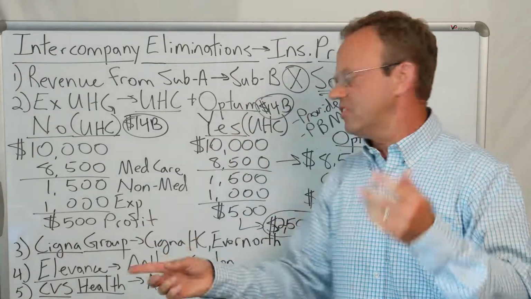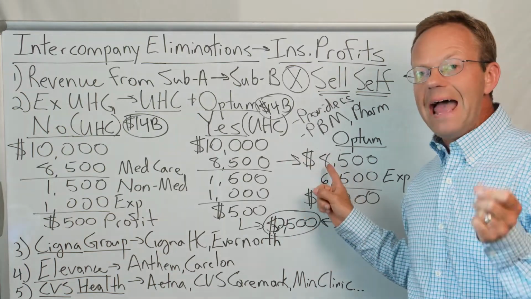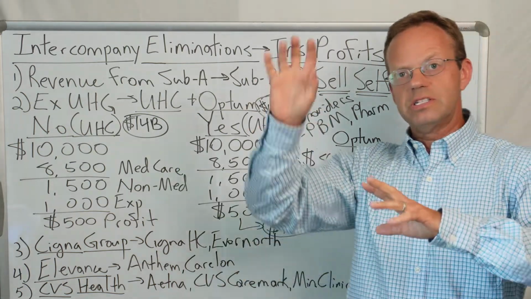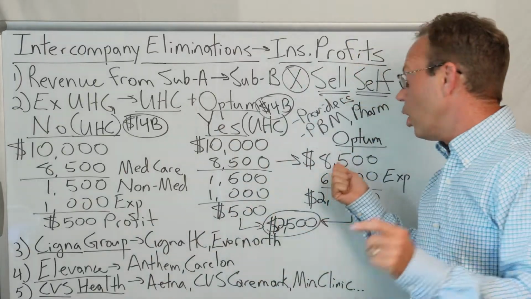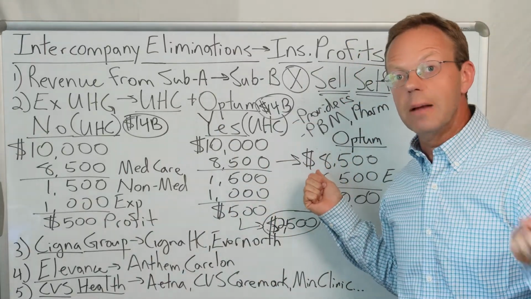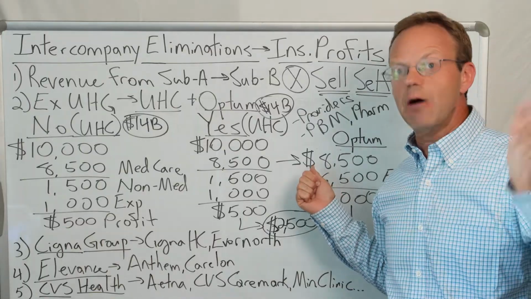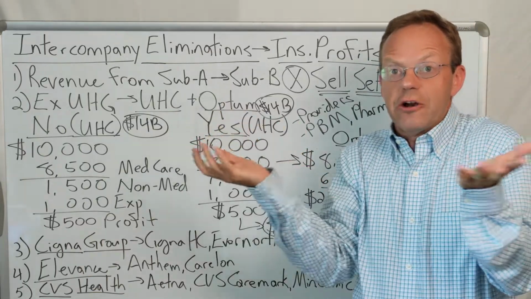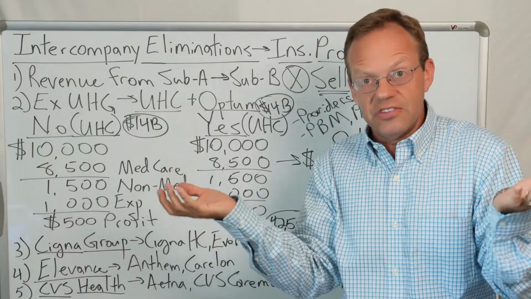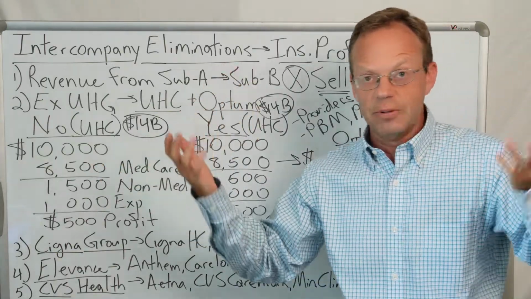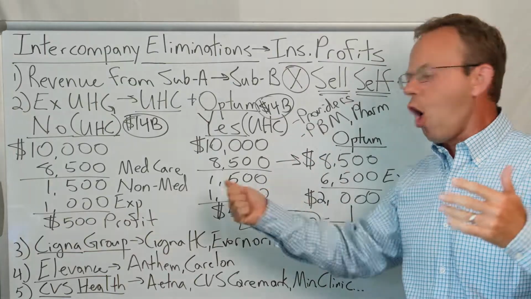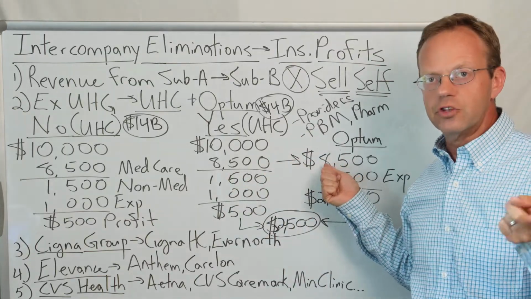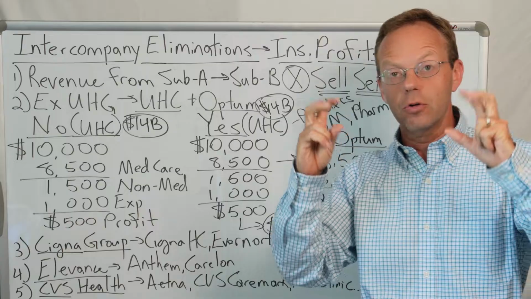All that money is spent, but that $8,500 isn't going to random hospitals and Dr. Joe and Dr. Smith. It's all going to Optum, right? Because remember that Optum employs thousands of physicians. They run the entire Kelsey-Seybold healthcare system in Houston that has hospitals and ambulatory surgery centers and all sorts of stuff. So let's say hypothetically that all of that $8,500 goes to Optum for the medical care.